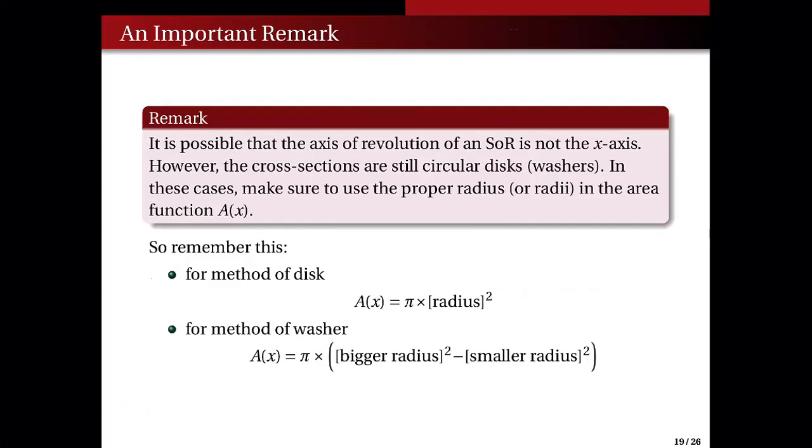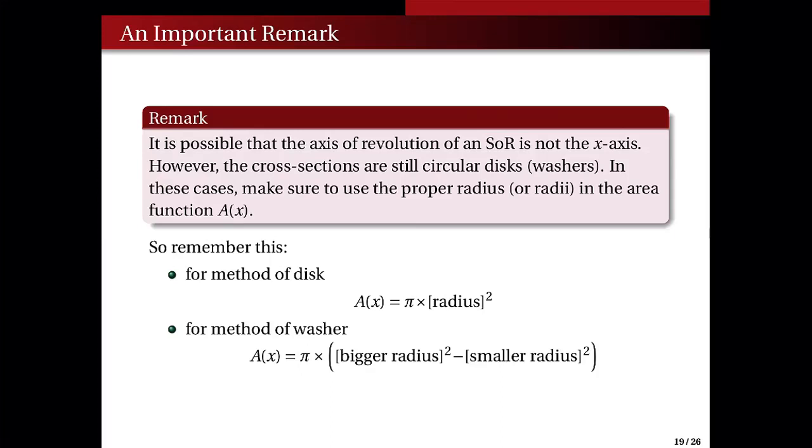Just remember, the area function for the disk is pi radius squared. And for the washer, you have pi times the bigger radius squared minus the smaller radius squared.